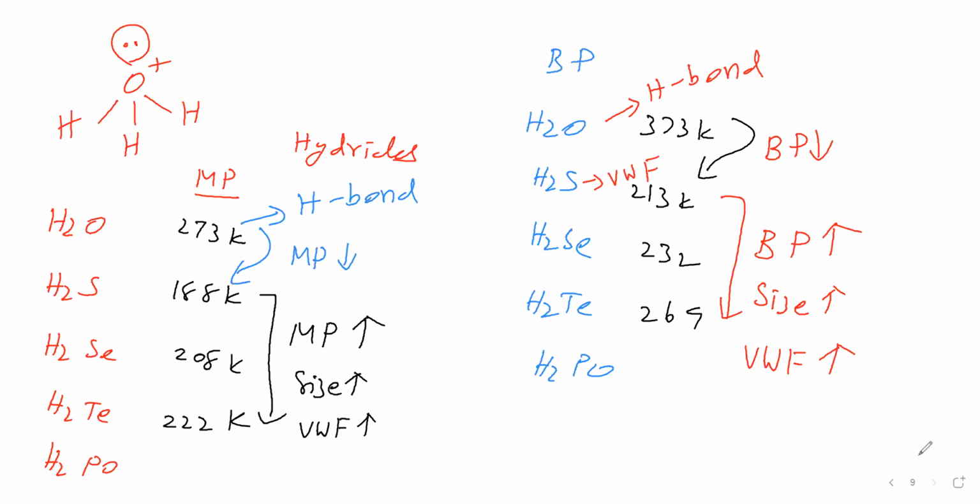We will see how the bond length is there. In water, this OH bond length, how much is there? 96 picometer. For H2S, the bond length is 134.